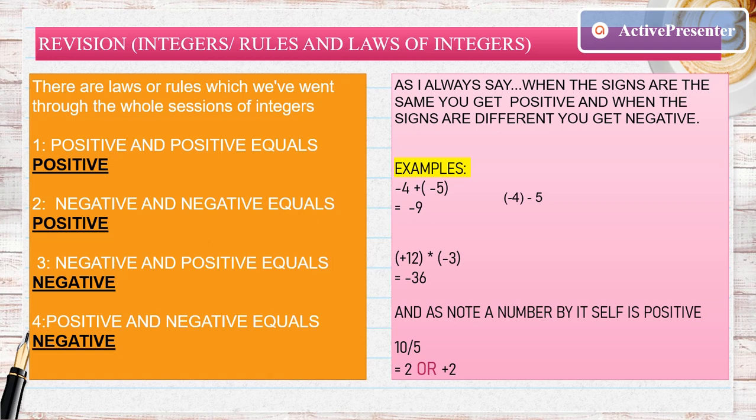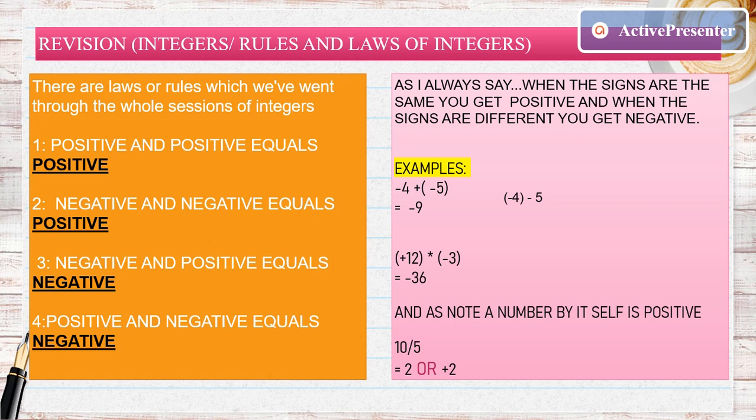Why? Because 12 times 3 itself is 36. And when you pay attention to the signs, you have a positive sign in front of the 12 and a negative sign in front of the 3. So in the fourth law, you see positive and negative equals negative. That is how you get the -36. So 12 times 3 gives you 36, and the positive sign with the negative sign equals a negative sign, so you put the negative sign in front of the 36. So the answer is -36.